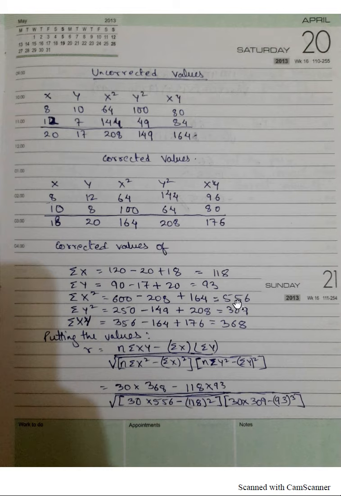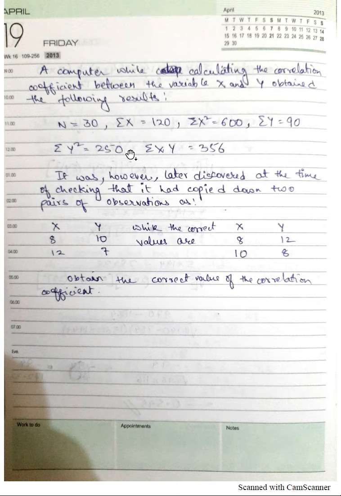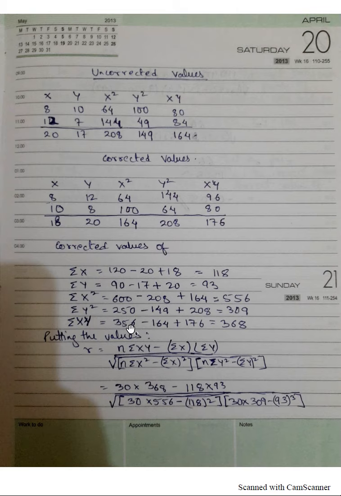It is equal to 556. Similarly, for y square, 250 minus 149 plus 208 will be equal to 309, and summation xy will be 356 minus 164 plus 176, which will be equal to 368.